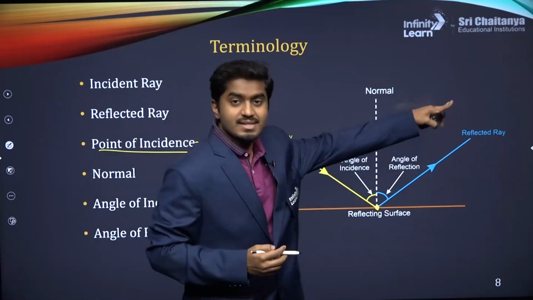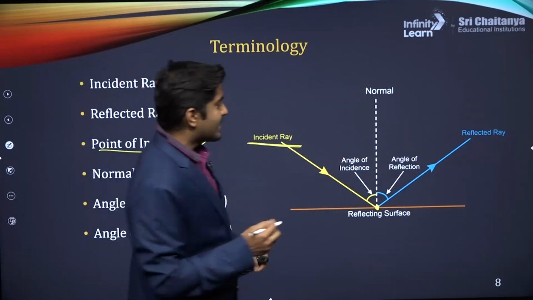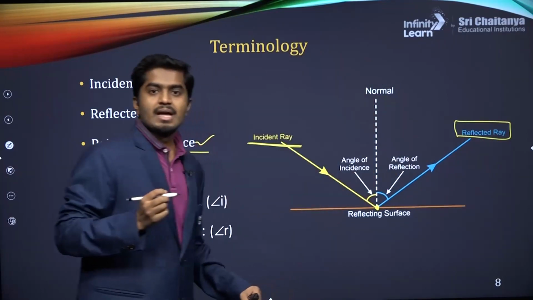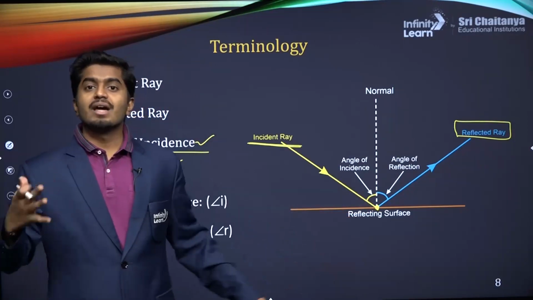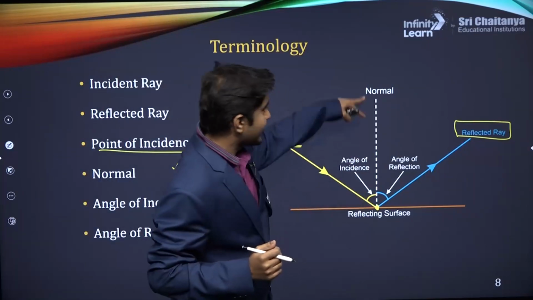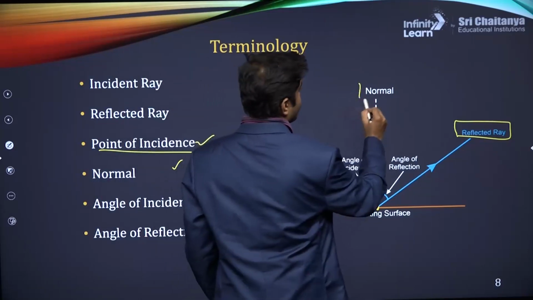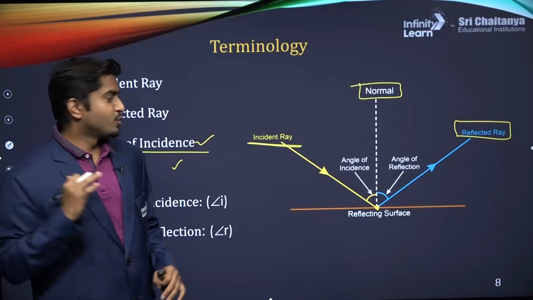Then after this, the ray will bounce back. That ray is called the reflected ray. And at this point of incidence, you can draw an imaginary line. This is not a real line. This dotted line is called the normal. It is this imaginary line which is called the normal.